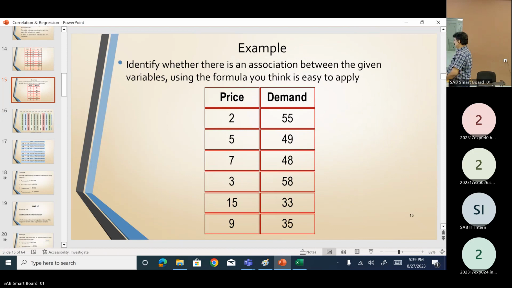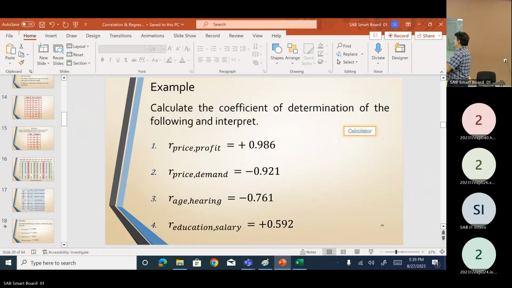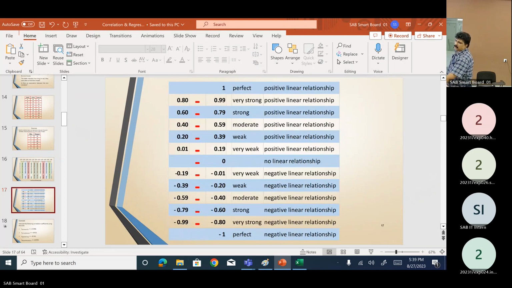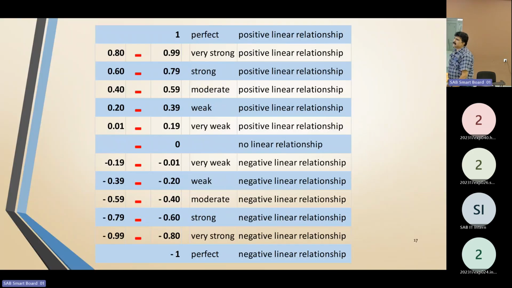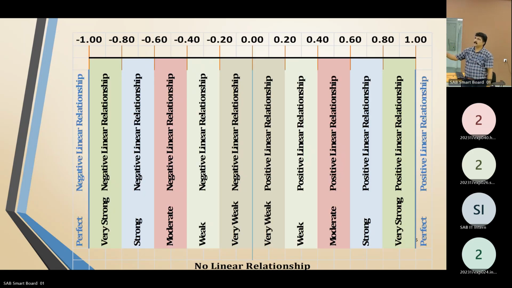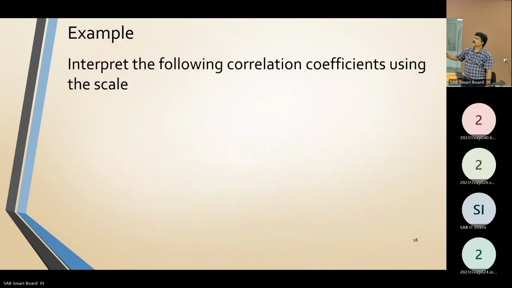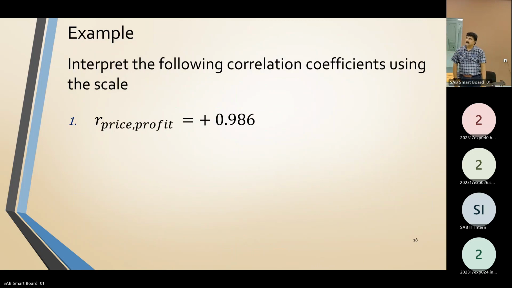If you don't know how to develop the scale, then you have to memorize all the values. So rather than memorizing, if you know how to develop it, it's easy.